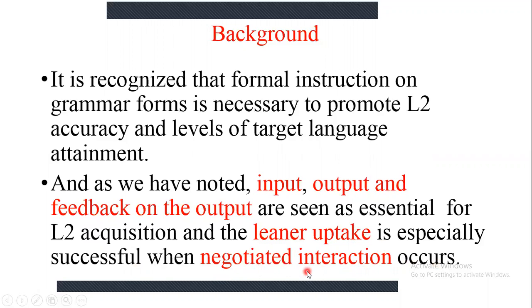It is important for the learner to know that input, output, and feedback on the output, the corrective feedback or interactional feedback, are very important to learn the second language. Learner uptake means learner language knowledge. It is especially successful when negotiation occurs, which means when we negotiate in the interaction, in the communicative context.